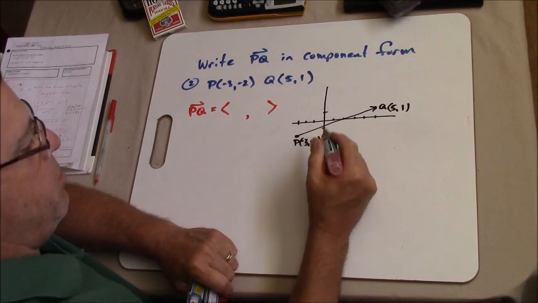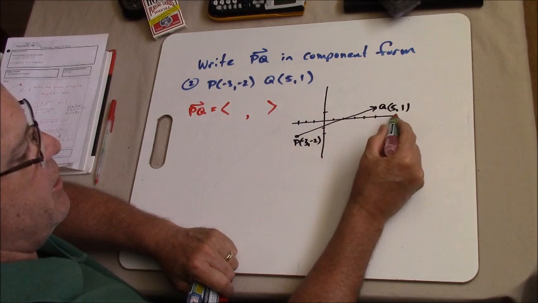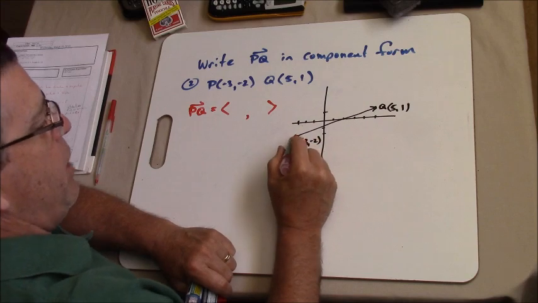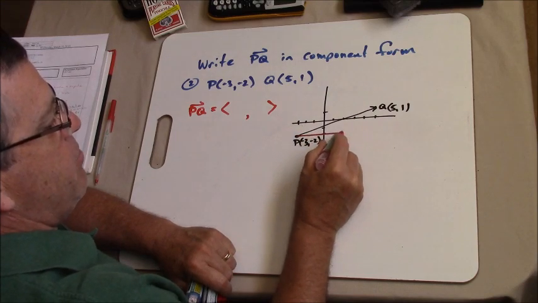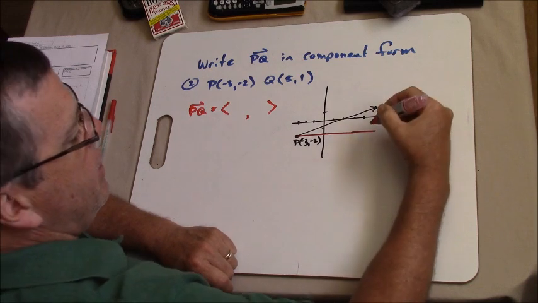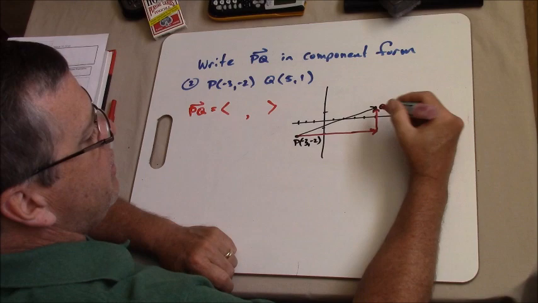So when you plot points, we start at the origin and we go this direction along the x-axis, and then we go up a certain distance. So what I want to know is how far am I moving all the way over to this point, and then how far up am I going to get to this right here.